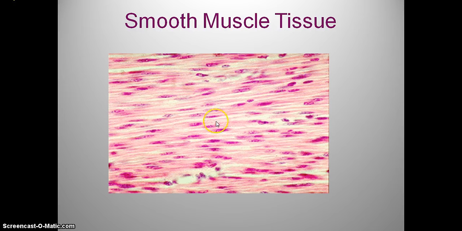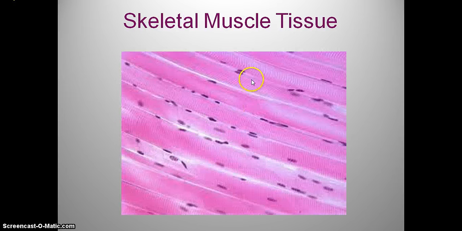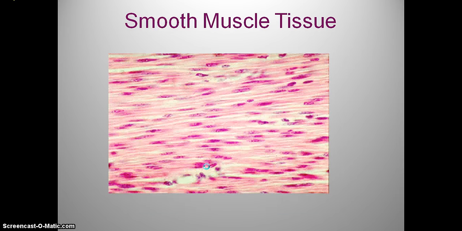These are protein fibers called actin and myosin fibers, which allow for extension and contractions. Let's look now at smooth muscle tissue, which you will find in organs such as outside of the intestines, esophagus, stomach, surrounding of the arteries.